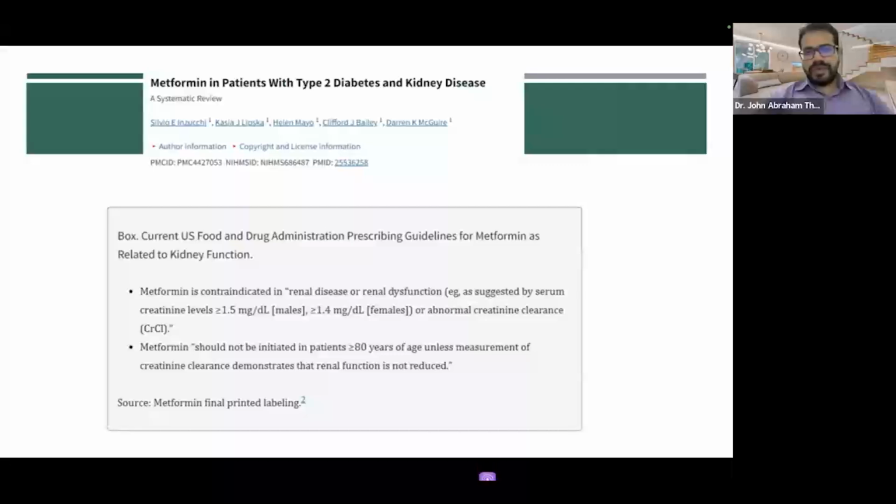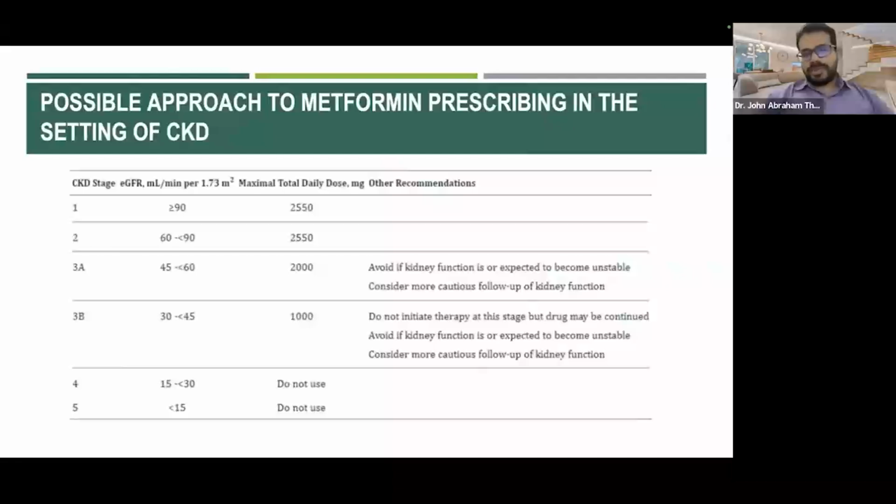Metformin in type 2 diabetes is contraindicated in renal dysfunction. Some studies have come up with creatinine levels more than 1.5: you cannot give metformin, and metformin should not be initiated in patients more than 80 years of age. So a practical approach to metformin prescribing in the setting of chronic kidney disease: when the eGFR is less than 30 ml per minute per 1.73 meter square, do not use metformin.